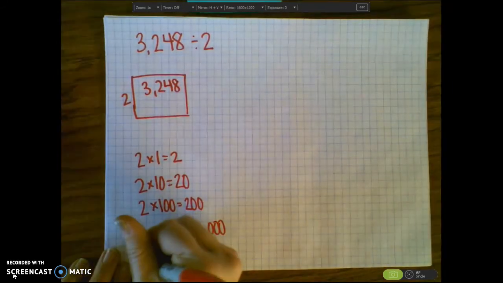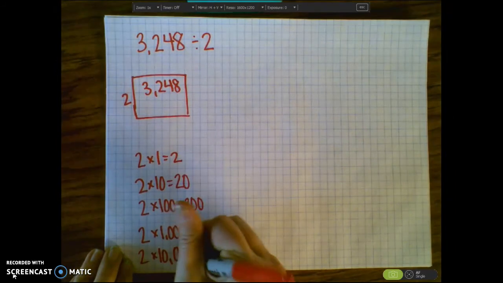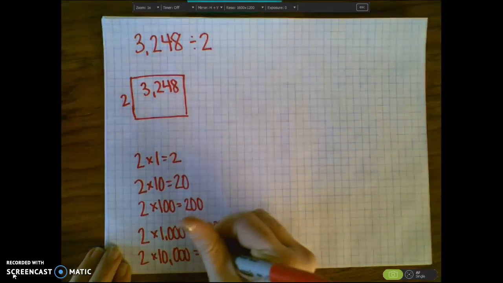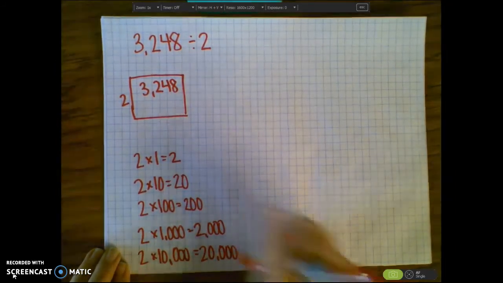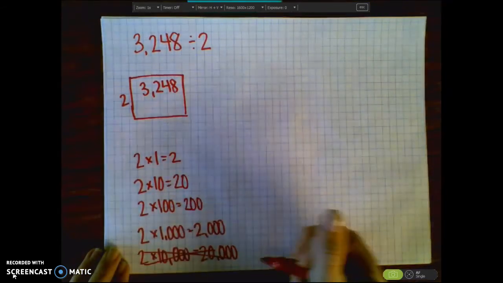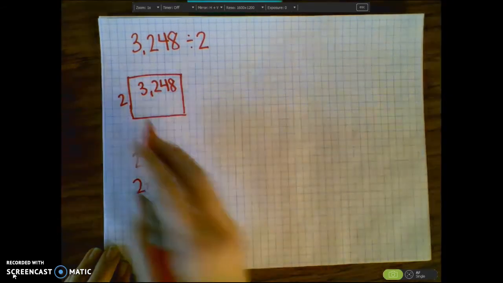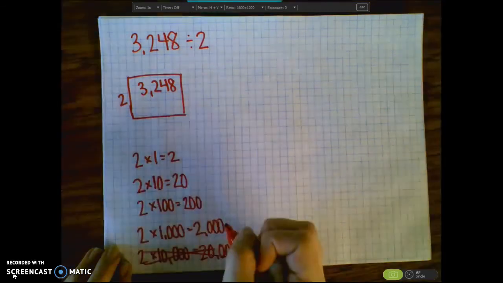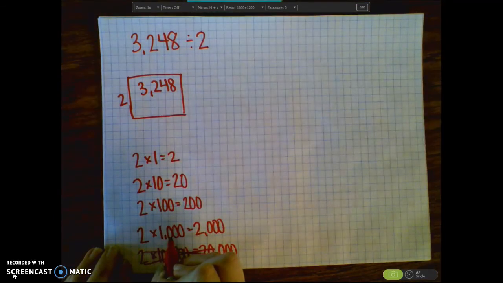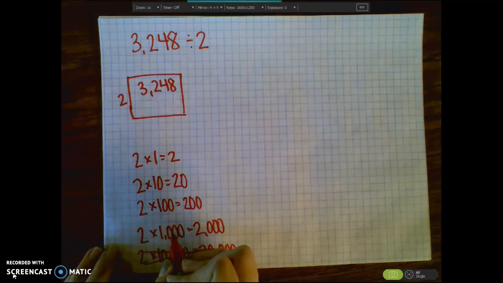Just to check, 2 times 10,000, which your students should immediately know, is too much. So we're not going to go all the way up there. If it were a different number in my thousands place, I would then ask students, okay, 2 times 1,000, what about 2 times 2,000? 2 times 3,000.